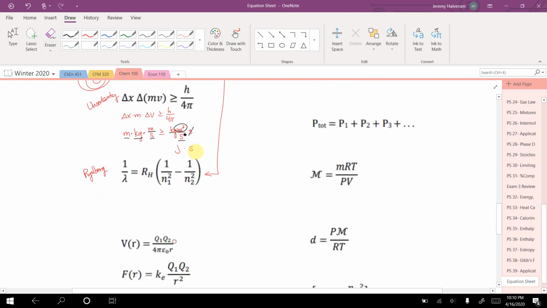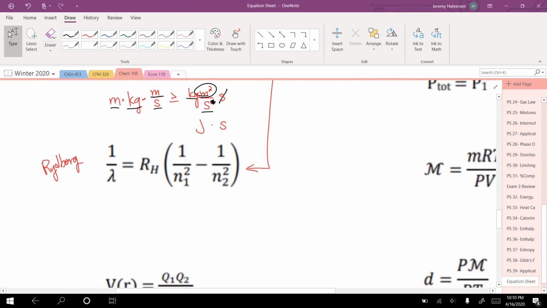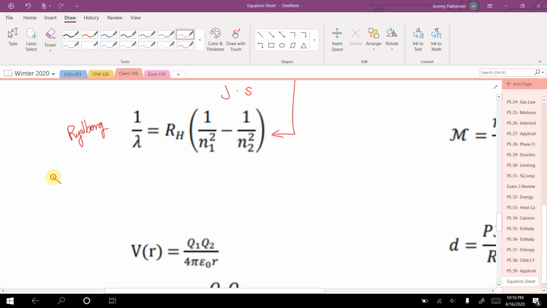So this is to find the wavelength. If we have two n levels, and we fall from one of the n levels to the other, that falling is going to emit a photon. That photon is going to have a wavelength. That's what this equation calculates.